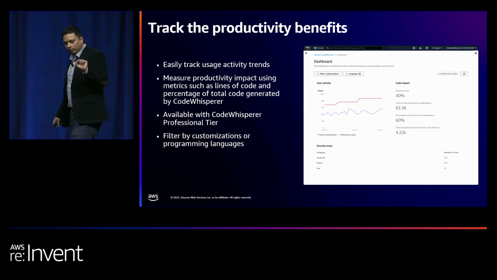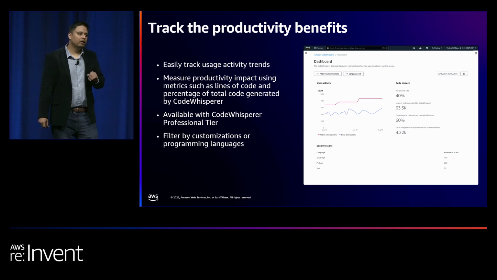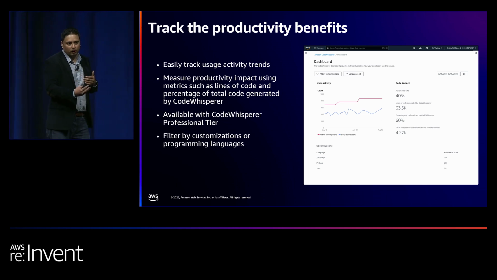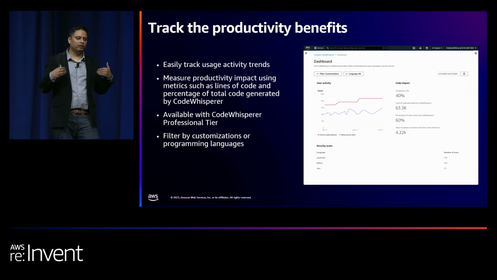We also have the number of lines generated by CodeWhisperer and the percentage of code generated by CodeWhisperer. So these are both important metrics. One tells you the raw productivity, as in the raw output. The other tells you what amount is taken off the developer's plate. So a developer, let's say in a week, has written 1,000 lines of code.